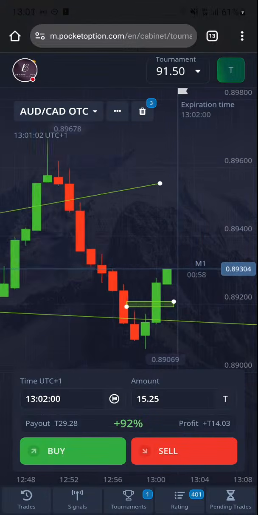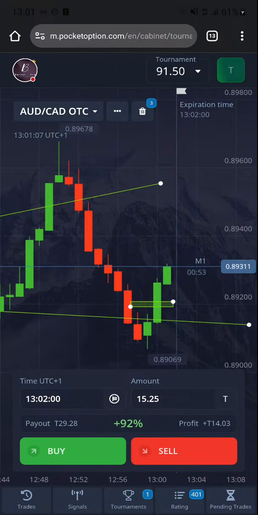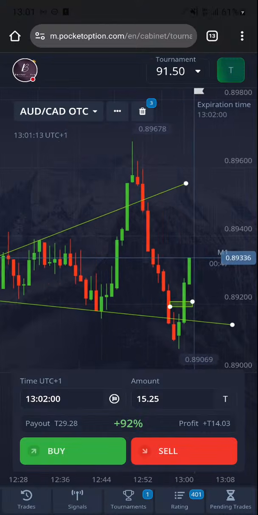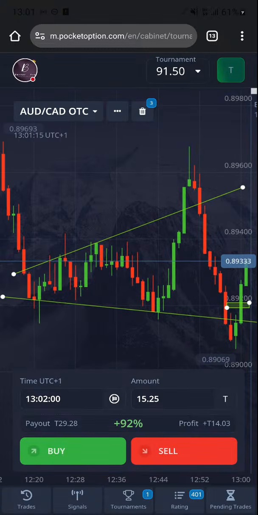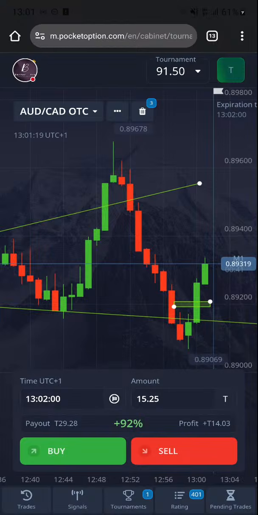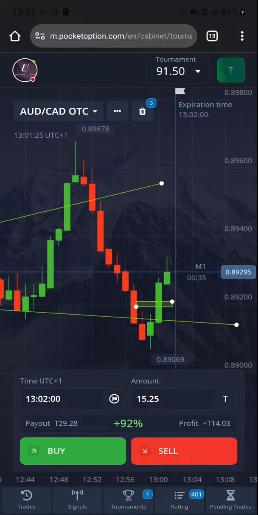If price comes back to this round number, we can go with the buyers. But we'll need it to come back first before we go with the buyers. It happens a lot like this. When you have a push to the downside, then you have another push to the upside almost immediately. But I wasn't expecting it to be this fast.